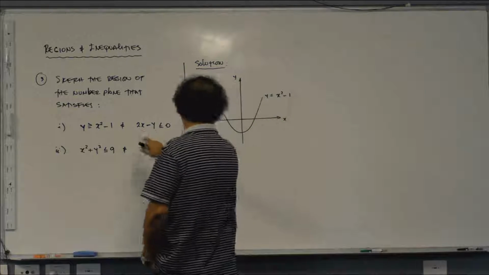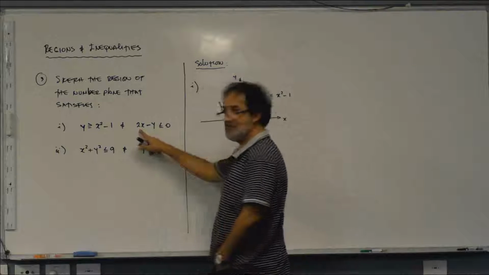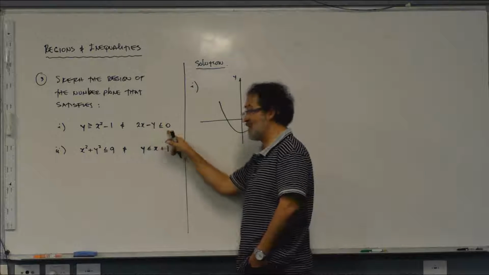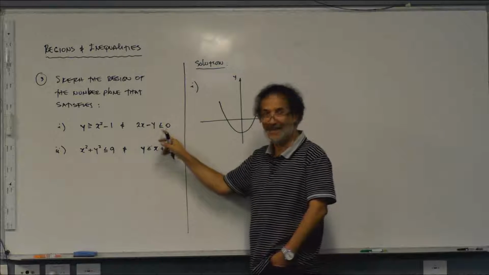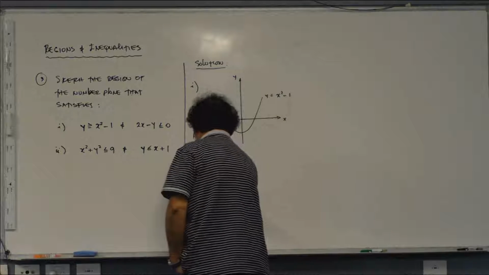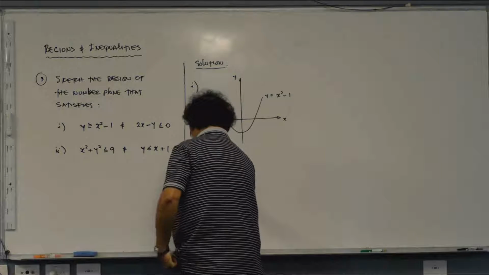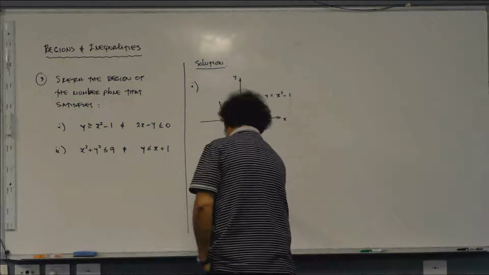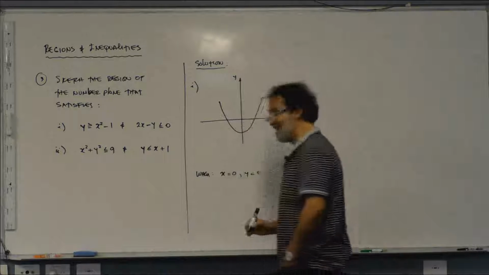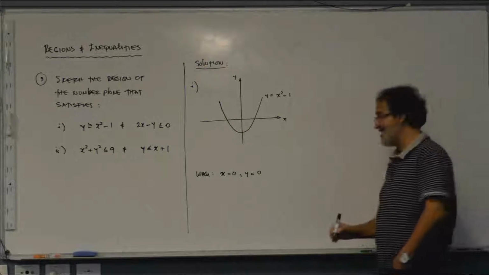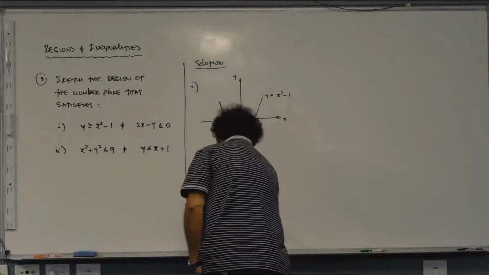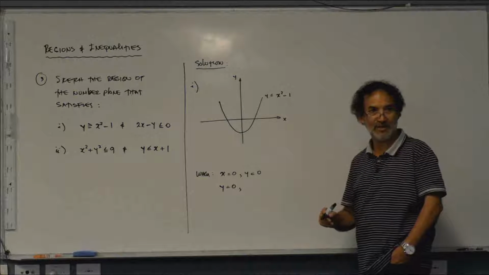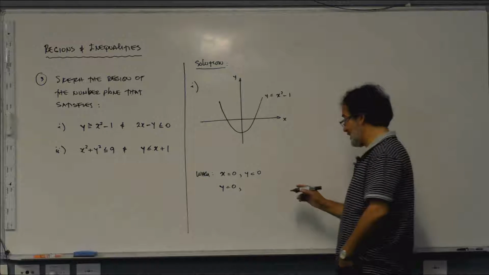If you make x equals 0, then 2 times 0 minus y equals 0, and y is going to be equal to 0. So when x equals 0, y is equal to 0. And when y equals 0, x is also equal to 0. So it's passing through that point there.